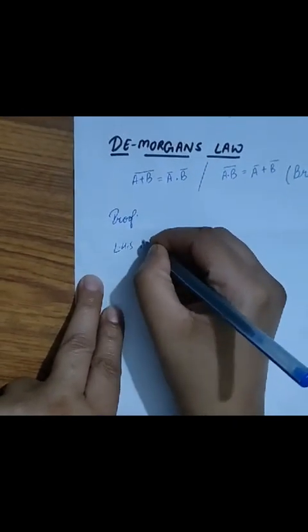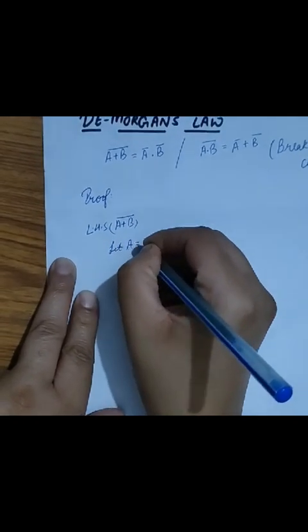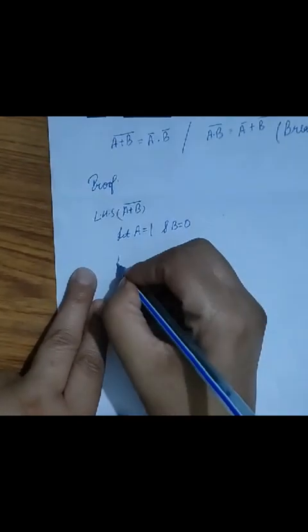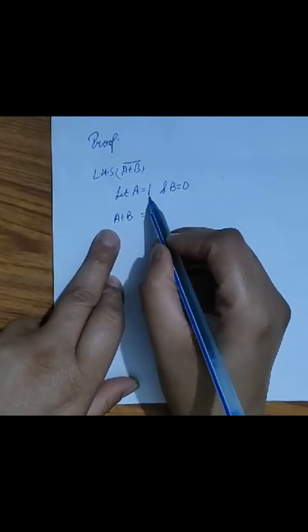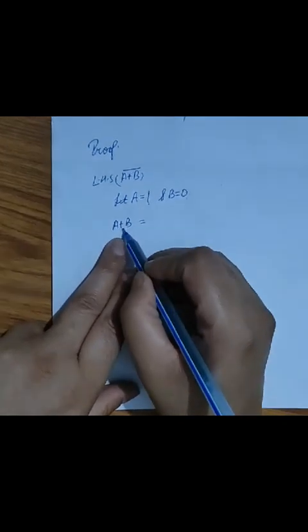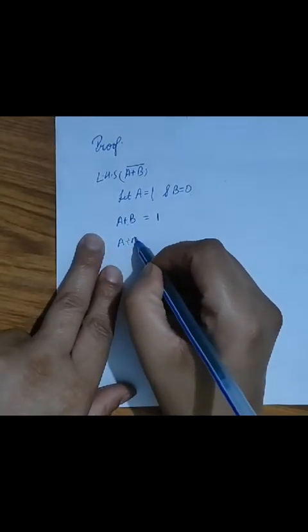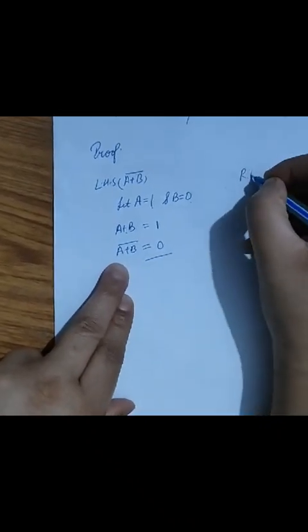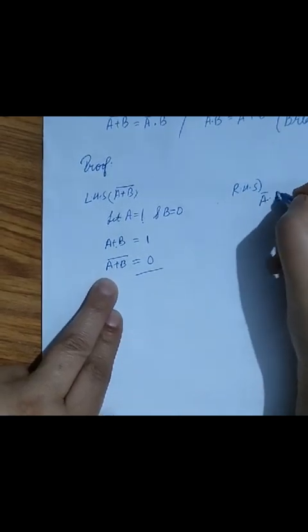LHS, (A plus B) bar. So let A equal 1 and B equal 0. So A plus B, that is 1 plus 0, is 1. And (A plus B) bar, that is the inverse of it, will be 0. And RHS is A bar dot B bar.